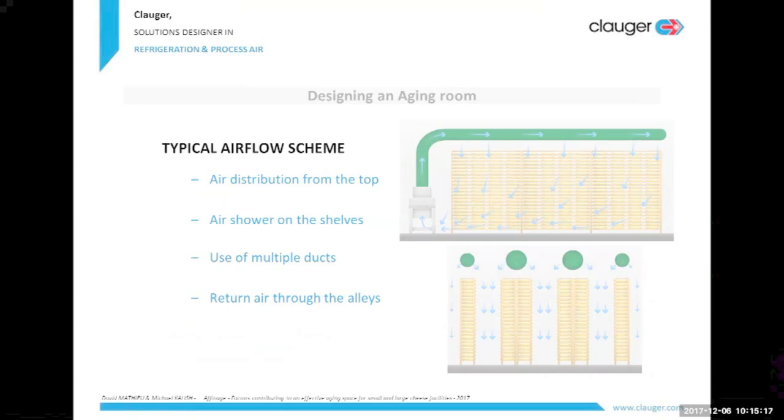Now, for large caves, what we like to do is to have distribution from the top and return on the lower part. Like that, we force the air to go from up to down and have a better exposure of all the cheeses to the air that we bring into the cave.